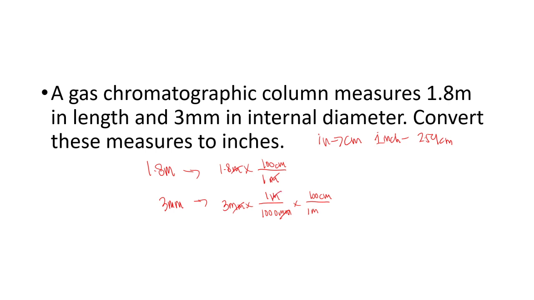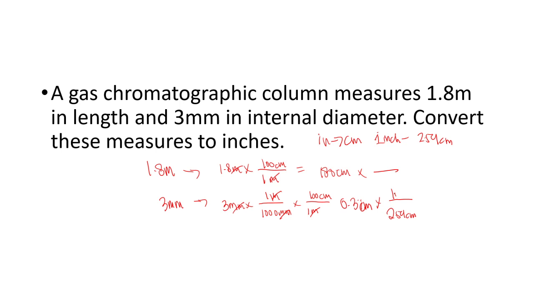So you have 1.8 multiplied by 100, you have 180 centimeters. And for the bottom one, 3 divided by 1000 times 100, 0.3 centimeters. Now we still have to convert this into inches.